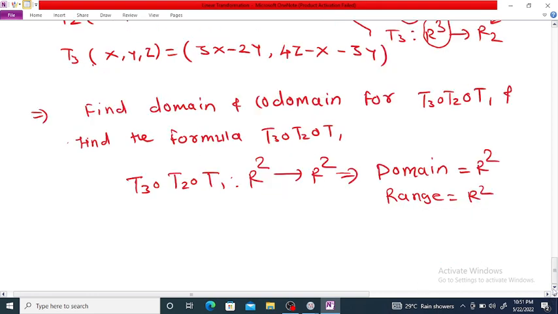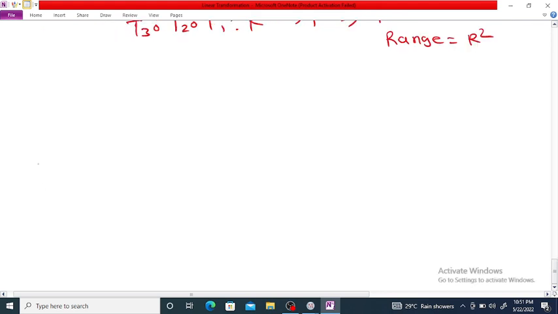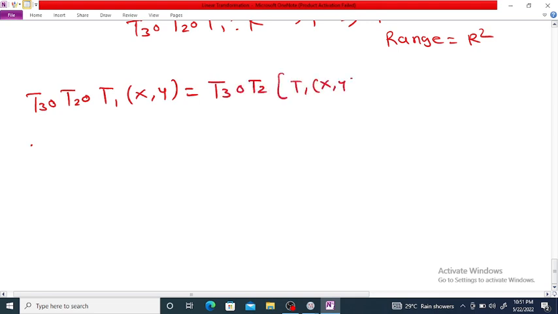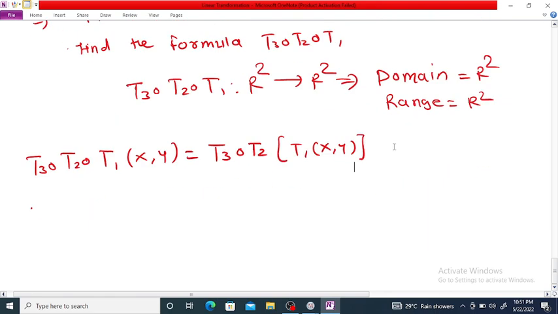Now next we want to determine the formula for T3 of T2 of T1. So T3 of T2 of T1 of (x, y), since it is a mapping from R square to R square. So what is T1 of (x, y)? T1 of (x, y) is equal to (x plus y, y, minus x).